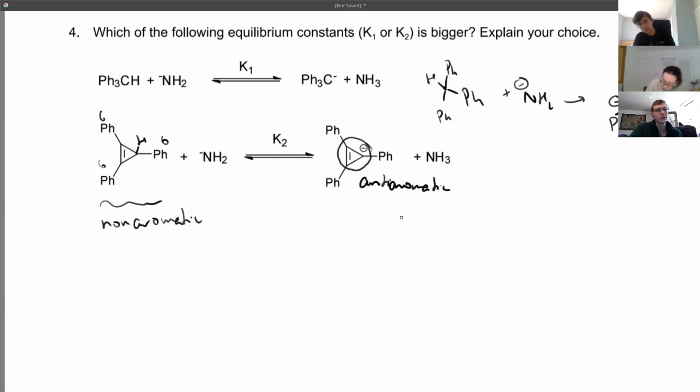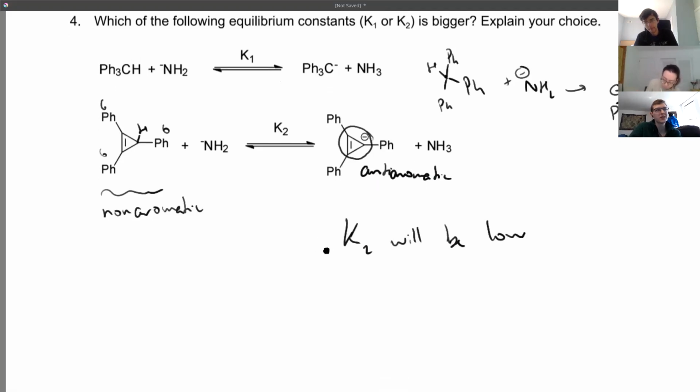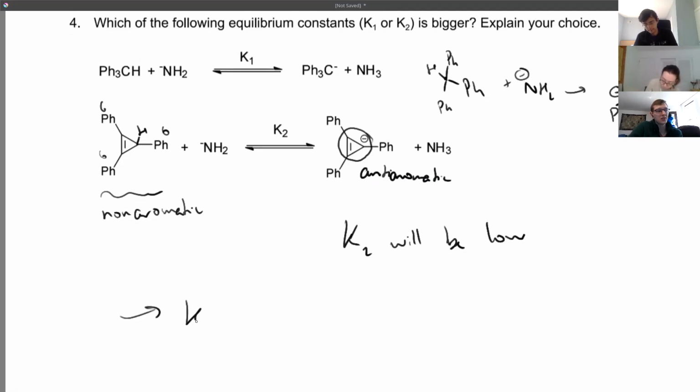So this is really low, and that means that K1 will be bigger. Just the fact that you make something that's anti-aromatic, that's going to be bad.